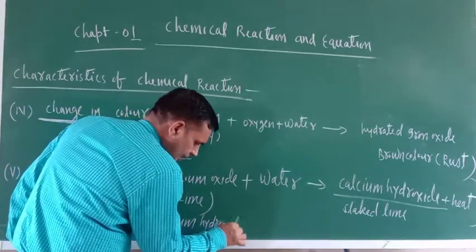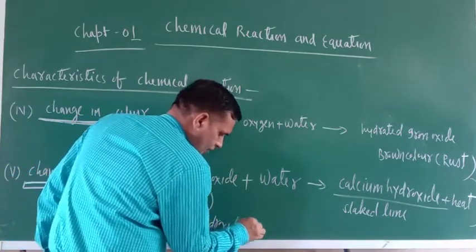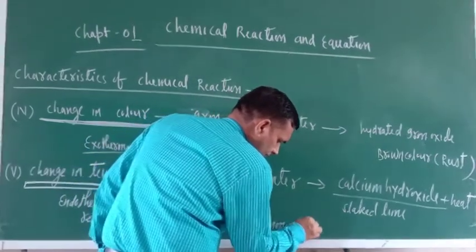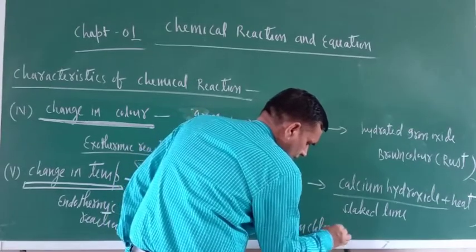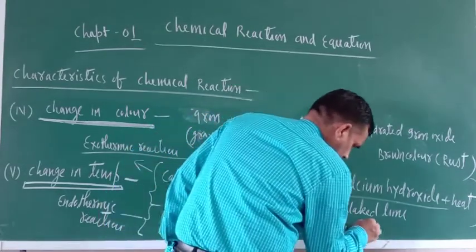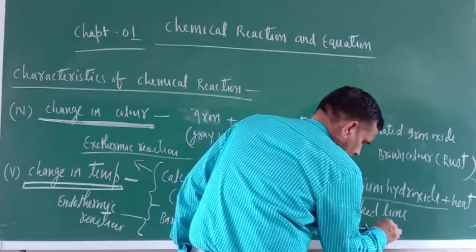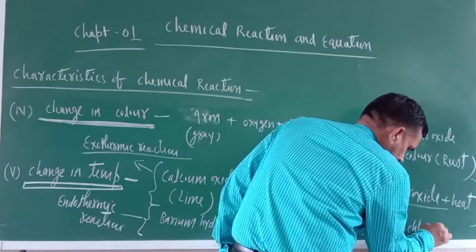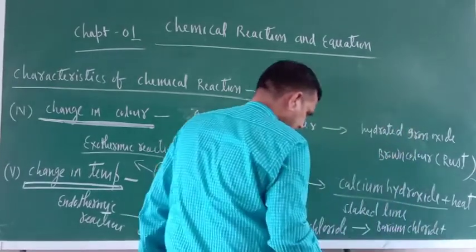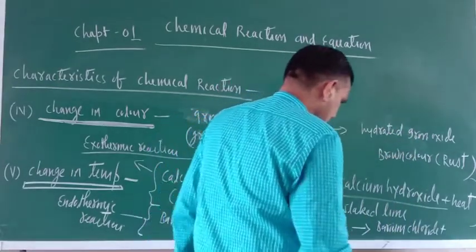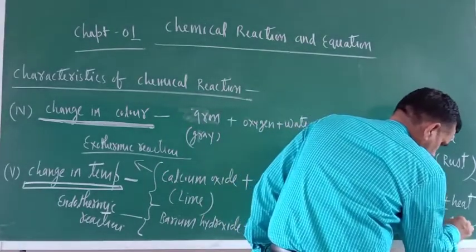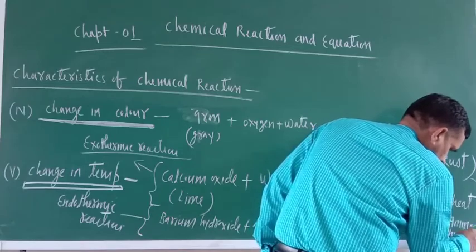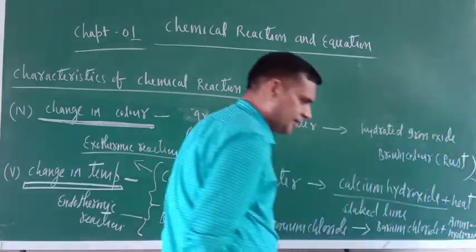Barium hydroxide plus ammonium chloride gives barium chloride plus ammonium hydroxide.